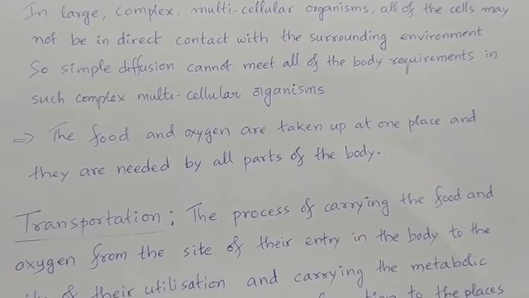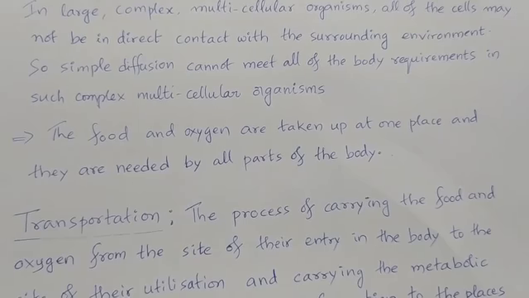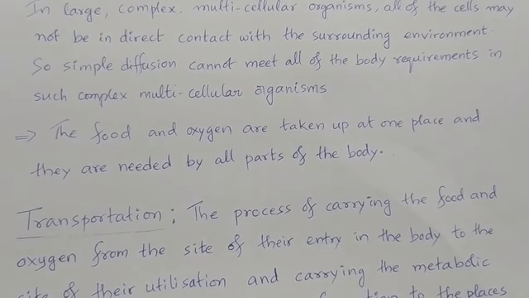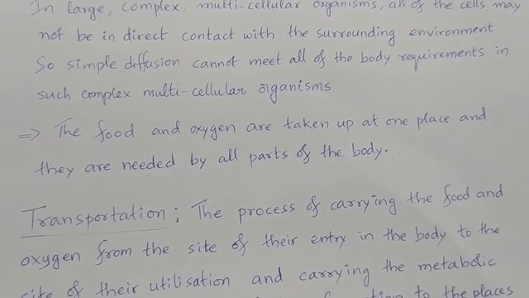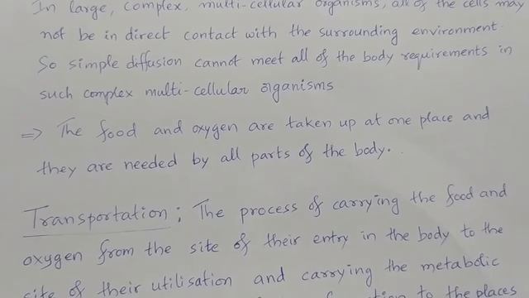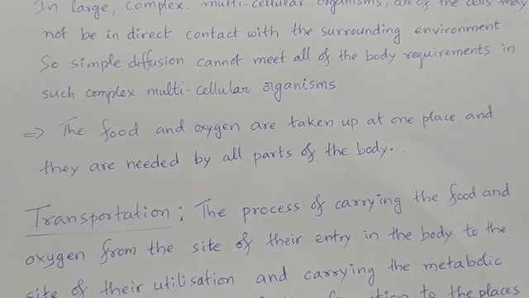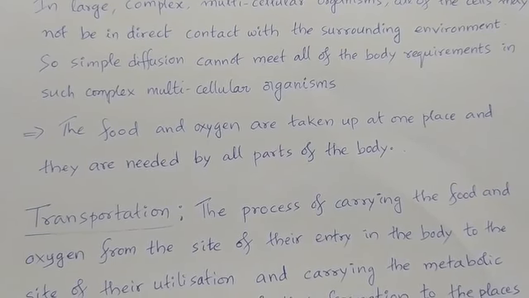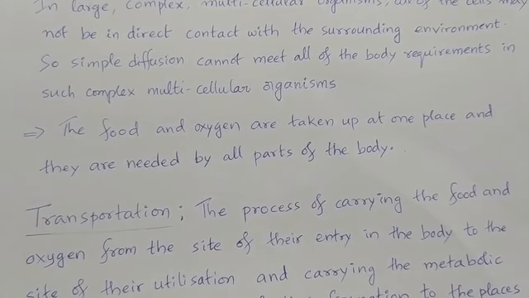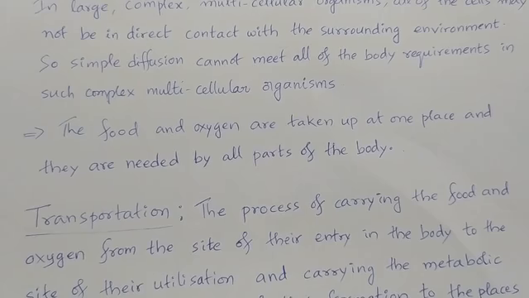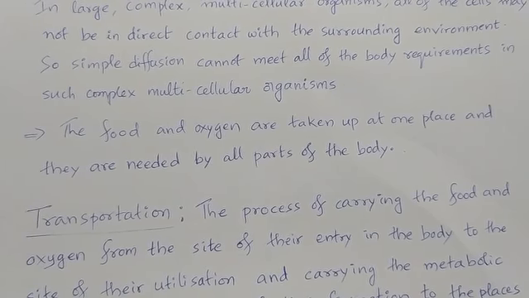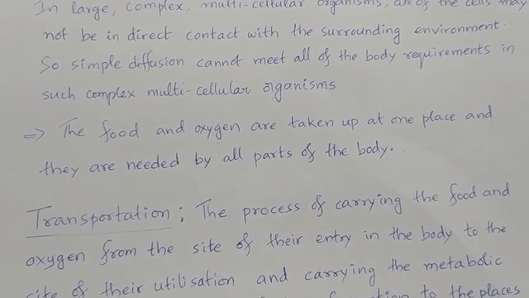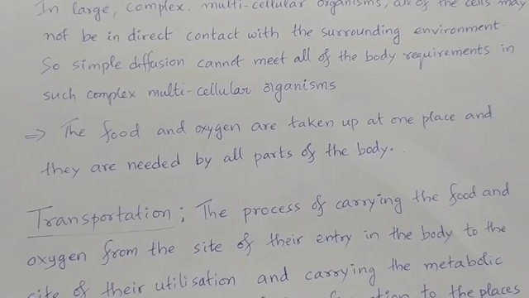And in these type of organisms, the food and oxygen are taken up at one place, whereas they are going to be utilized by all parts of the body. Food and oxygen, where they are entering and where they are getting utilized. The places of the entry of food and oxygen and places of the utilization of food and oxygen, are they same?